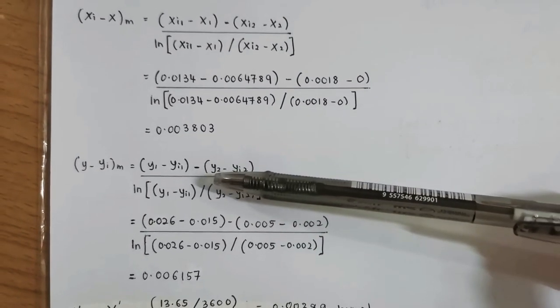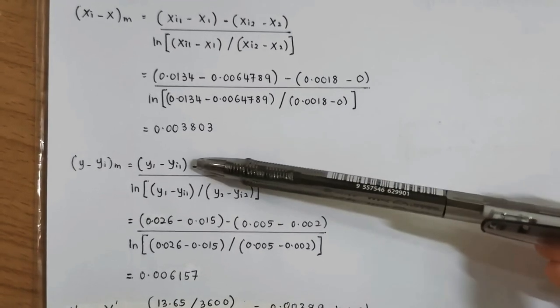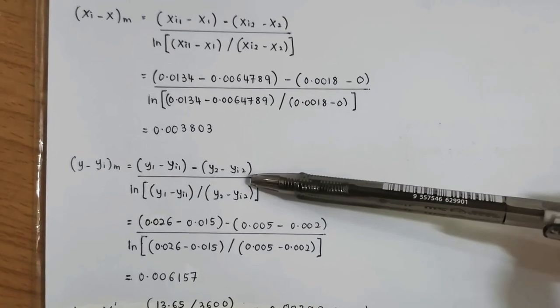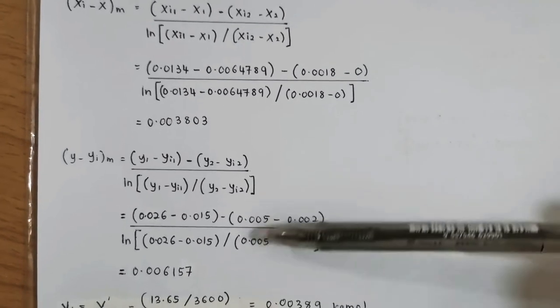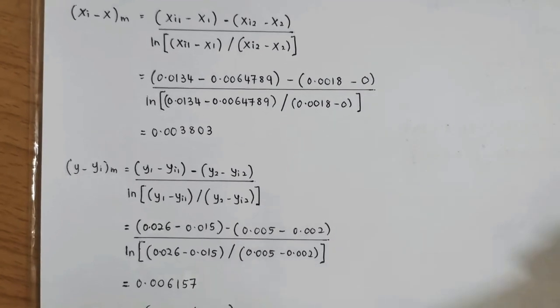Y minus yim is also the same. We just substitute the values of y1, yi1, y2 and yi2 into this equation, and we will get the answer 0.006157.